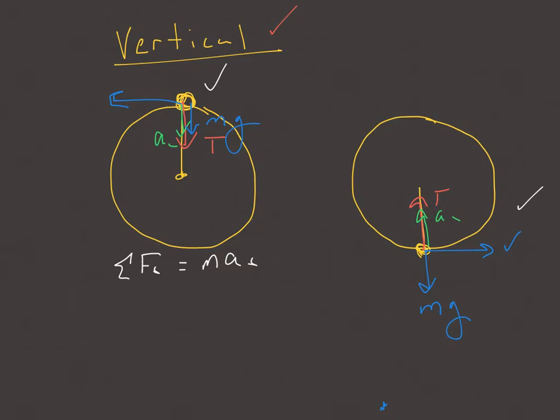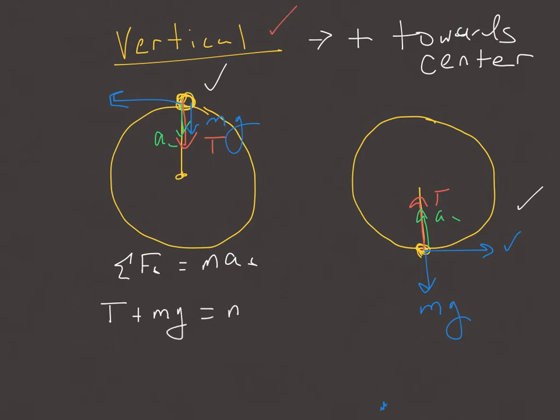So we will always pick positive to mean towards center. So anytime the force is pointing towards the center, it will be positive. So in a situation like this, we're going to add the tension plus the weight to cause that mass to accelerate.